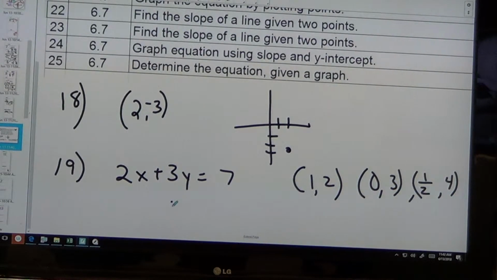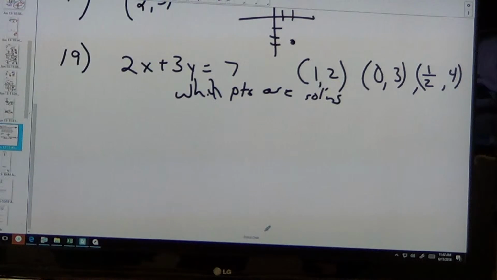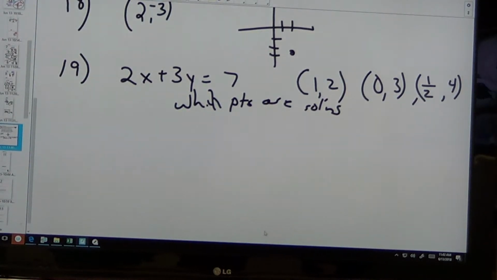And I'm going to say which points are solutions. So you have an equation and you have ordered pairs, and I'm saying which are solutions.